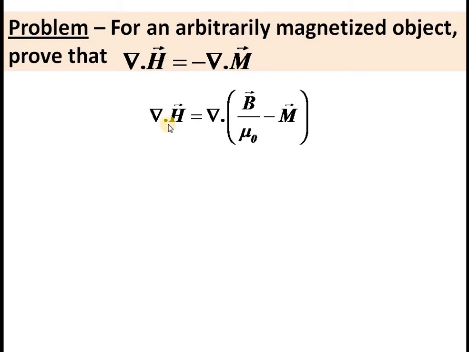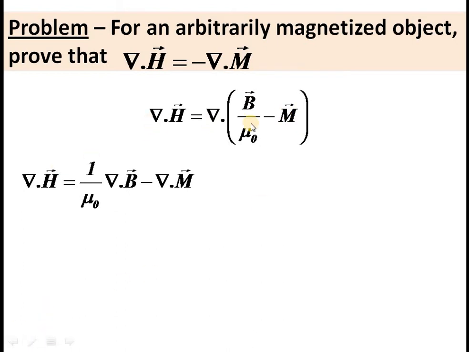Already we know del dot H, divergence of H, is given by, you replace your H. H is equal to B by mu 0 minus M. That we know very well. So you can apply del dot on B by mu 0 and del dot on M. So what we will get?